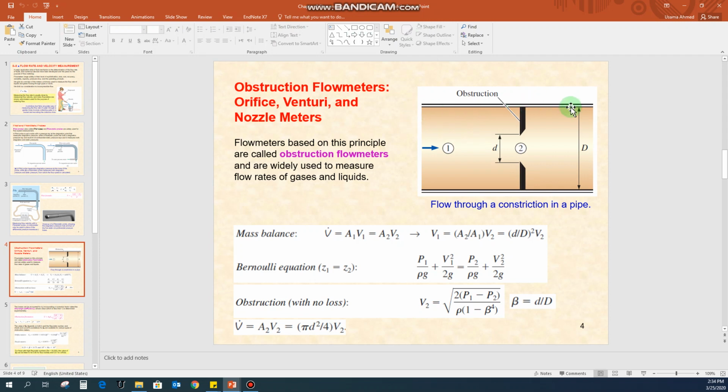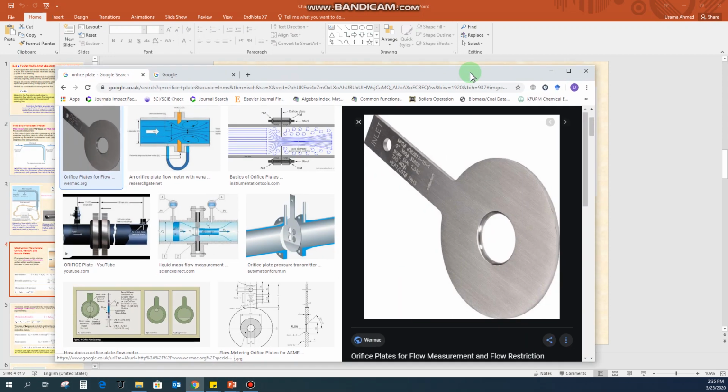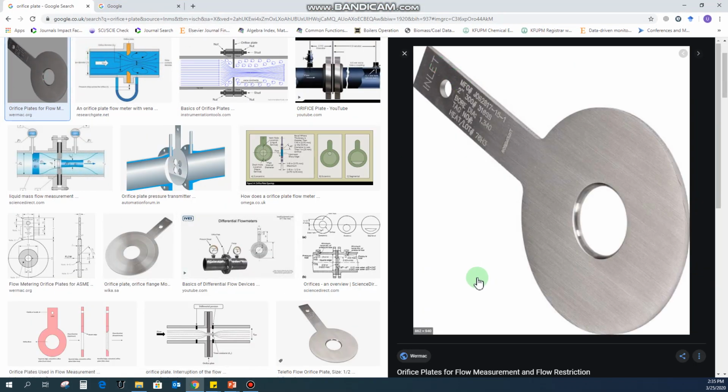For example, here we have this pipeline, and then we attach some kind of orifice plate here. So what is this orifice plate? Let us see what this orifice plate looks like. This is a picture that I googled online.